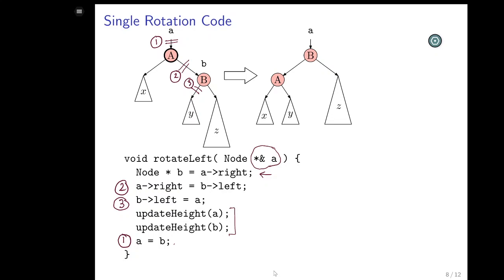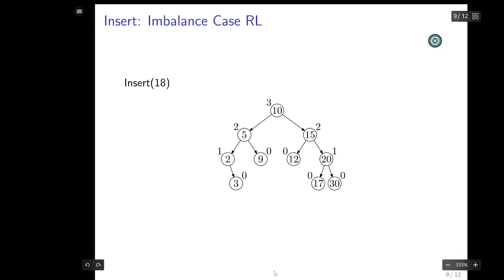What it means in this context is that because A is a reference parameter, whoever called this function to update this tree passed in a pointer, and the pointer that they passed in is going to be changed to be the pointer to the node B. So whoever had that pointer is now pointing to a new subtree. I mean, a new root of a subtree. Okay, good? Right, left.